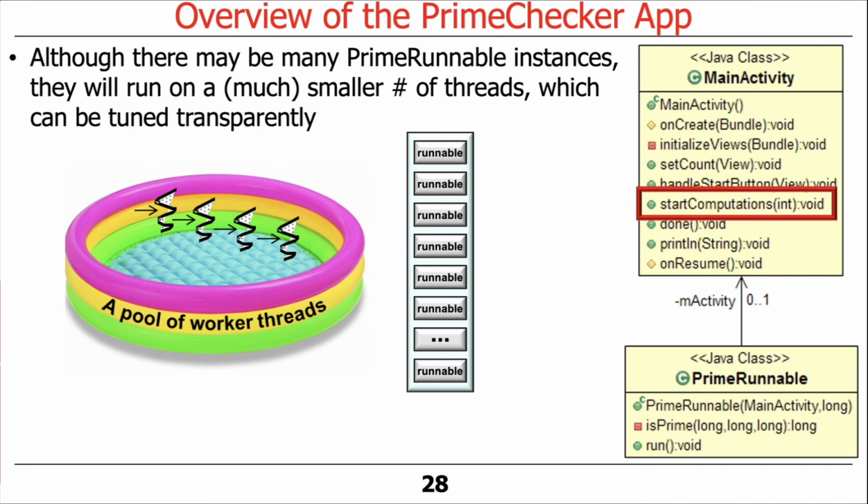So although there's going to be a lot of PrimeRunnable instances, let's say that we set that to 100 or 1,000, they will run on a much smaller number of threads. And that number of threads, of course, is based on however big you made that fixed-size thread pool. So we could have hundreds of tasks to run, but only 4 threads to execute. That's the beauty and joy of the executor framework.